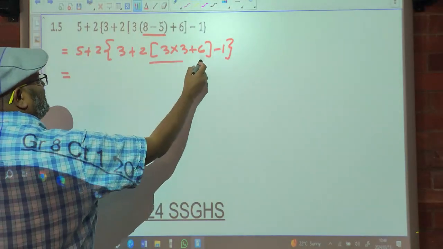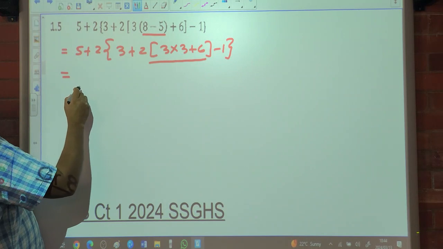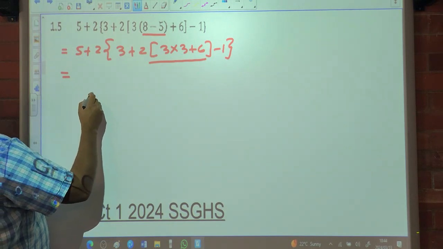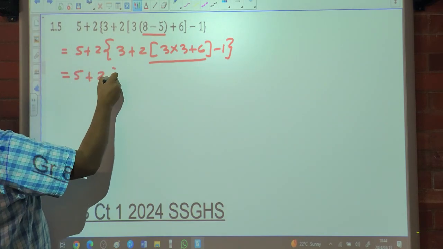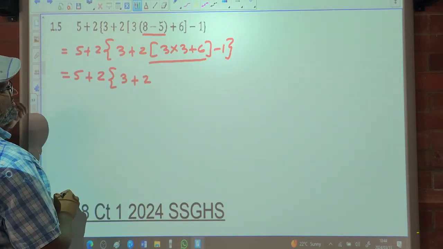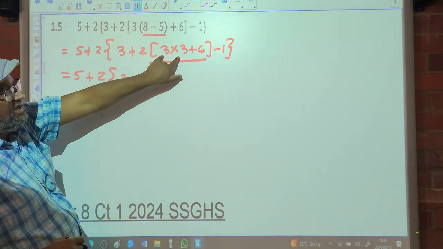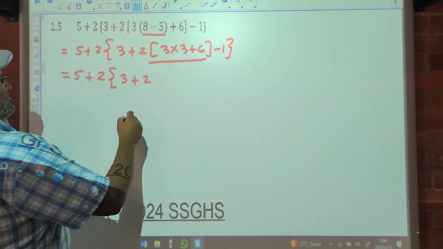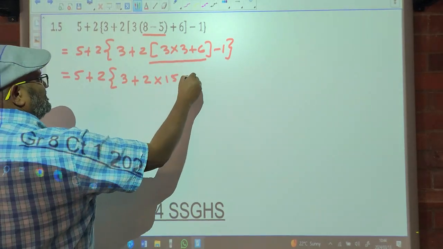So now we're going to do the block bracket. So that's going to give you 5 plus 2 squiggly bracket, 3 plus 2. What's 3 times 3? 9. And 9 plus 6? 15. So it's 2 times 15 minus 1.